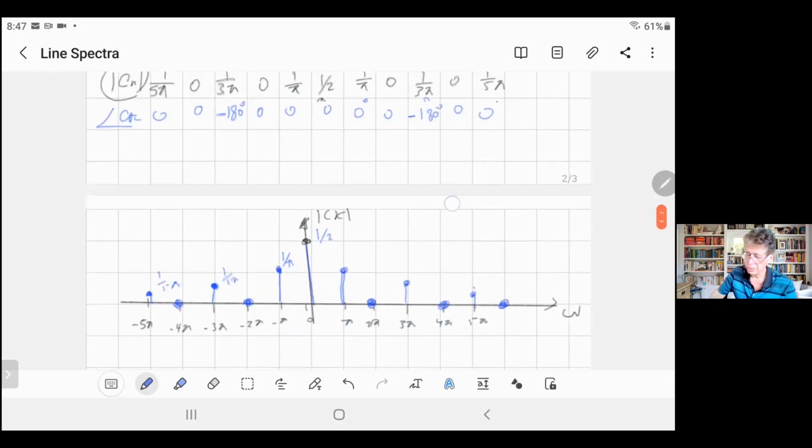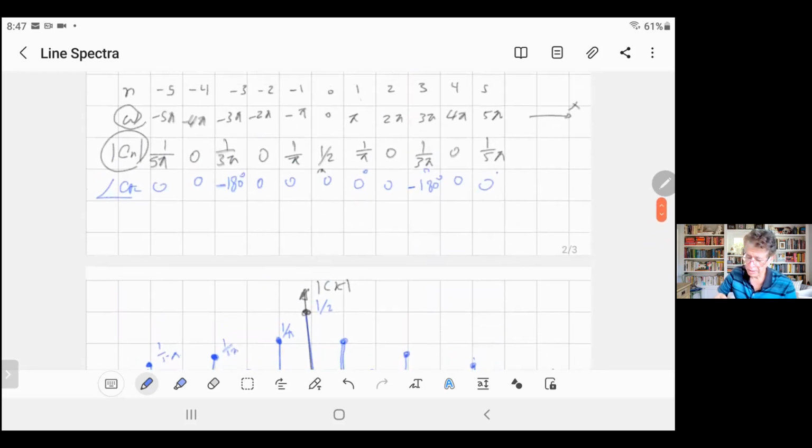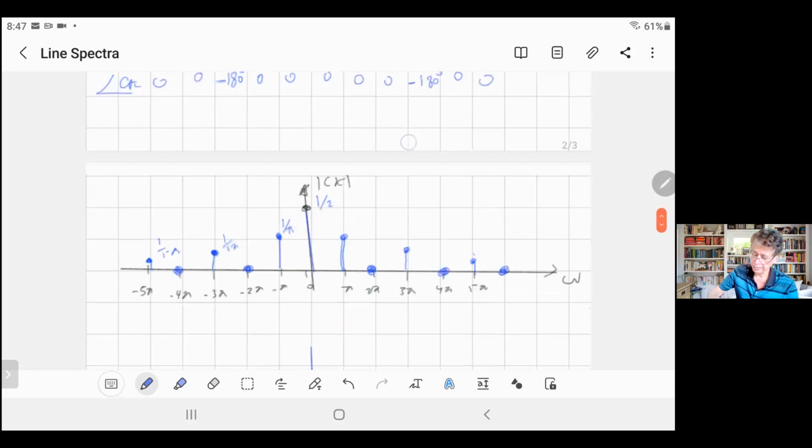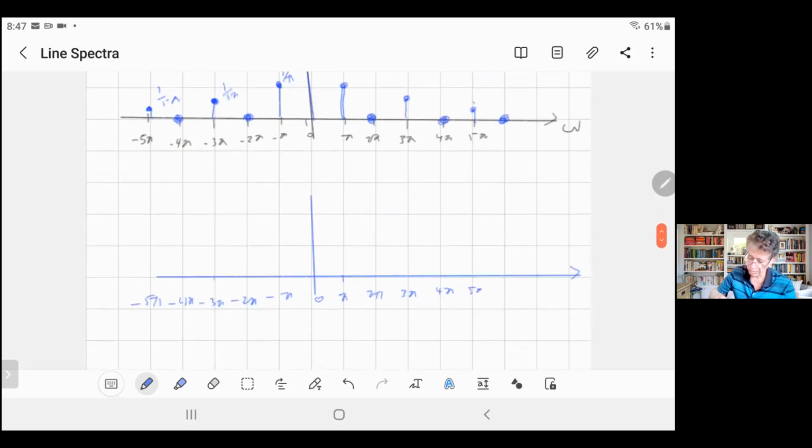And I will go back to the table. It's 0 everywhere except at the third one. So the third one from here will be minus 180 degrees.